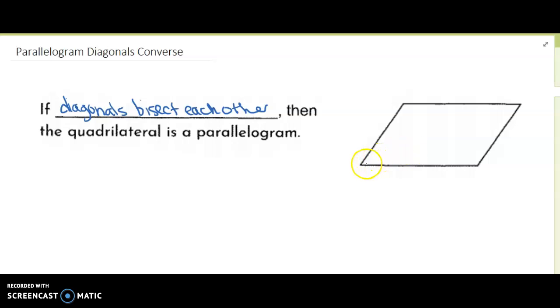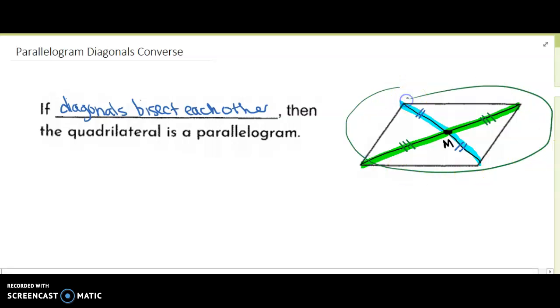So if I draw these diagonals here, if they bisect each other, this has to be the midpoint of both of the diagonals, and I have to know that this part here is congruent to this part here, and also this part here is congruent to this part here. So I can say this and this are congruent, and this and this are congruent. This would be enough to show this is a parallelogram.